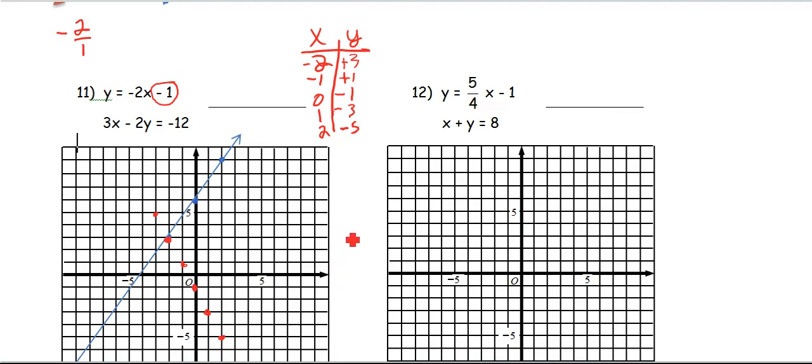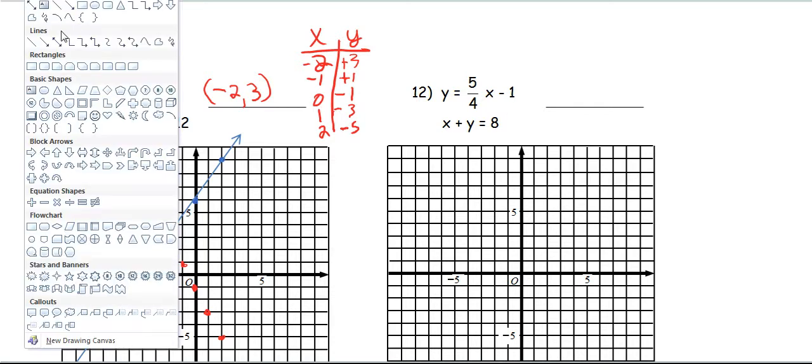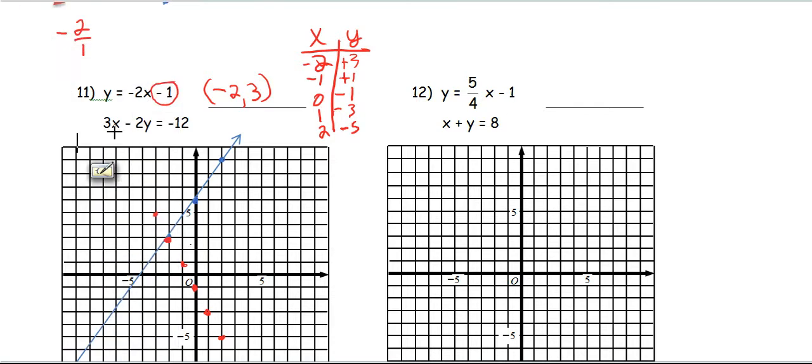We see that the point where they cross right here is negative 2, 3. So negative 2, 3 is our answer. I don't think we did that on the first one. I'll go back and show you. We still do need to put in our graph.